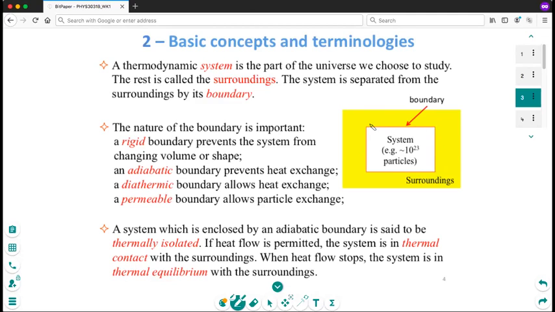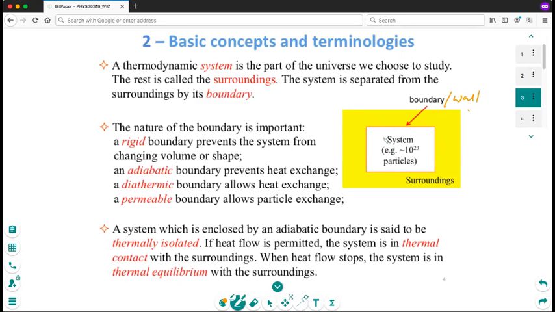So you have different kinds of boundary. And that will actually determine how complicated your system will be and how tricky it is to analyze your system. For example, if you have a rigid wall, okay, sometimes we also call it boundary or wall.